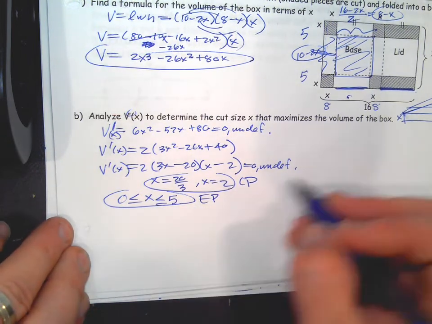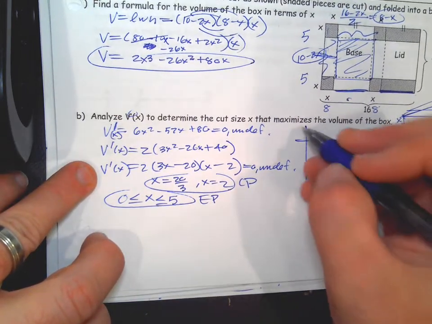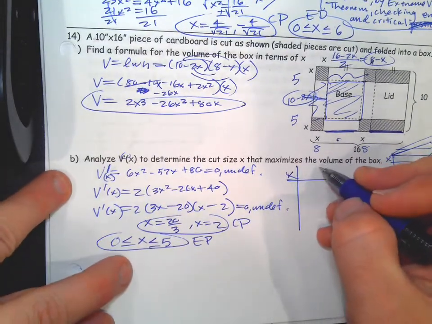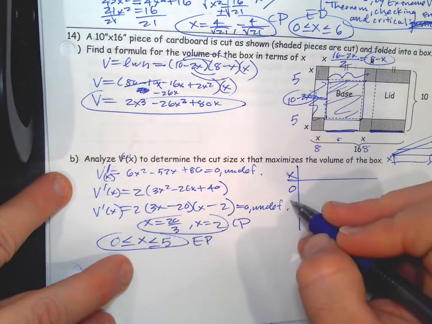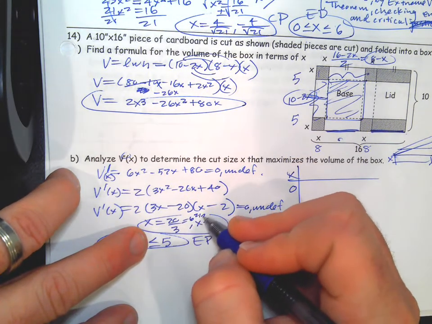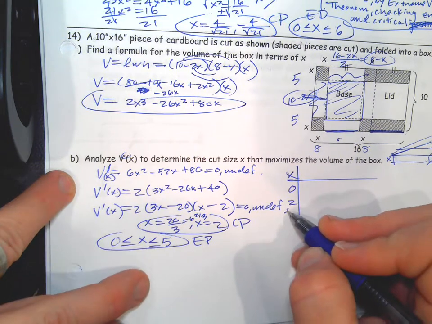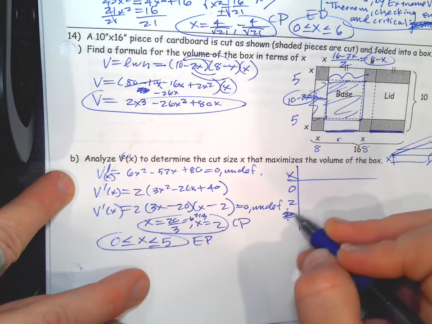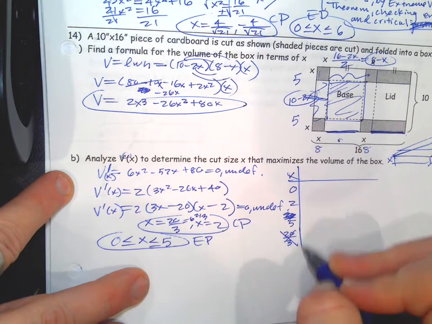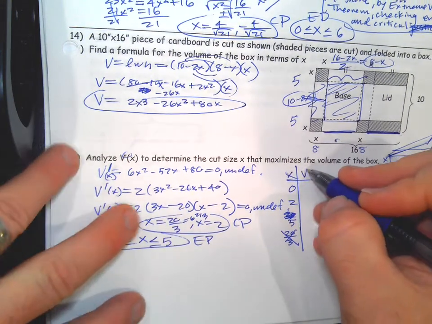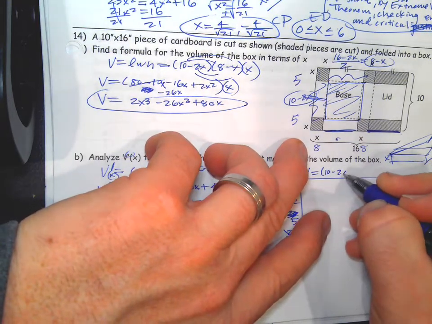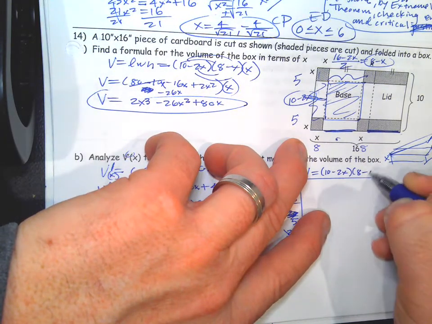So we're going to create a table, preferably, because we do have endpoints and a continuous function. Why would you do it any other way? 0, 2, and then 5. 20 thirds, which is 6 and 2 thirds, is outside of the endpoint, so we're not going to bother calculating it. We're going to plug into volume. I like the factored version.